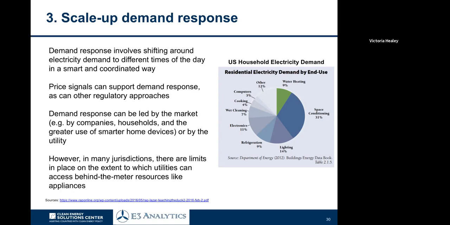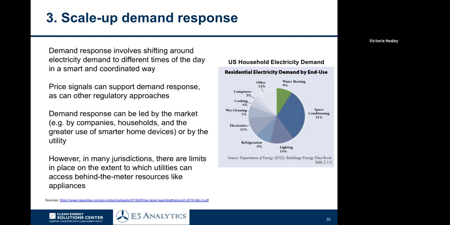Now, there are some pilot projects underway looking at how utilities can aggregate customer-sited resources in smarter ways to be able to use them across the network to improve the integration of variable renewable energy sources.